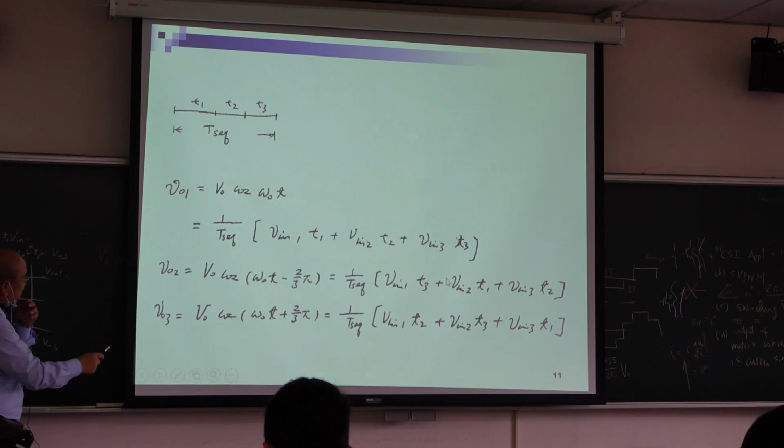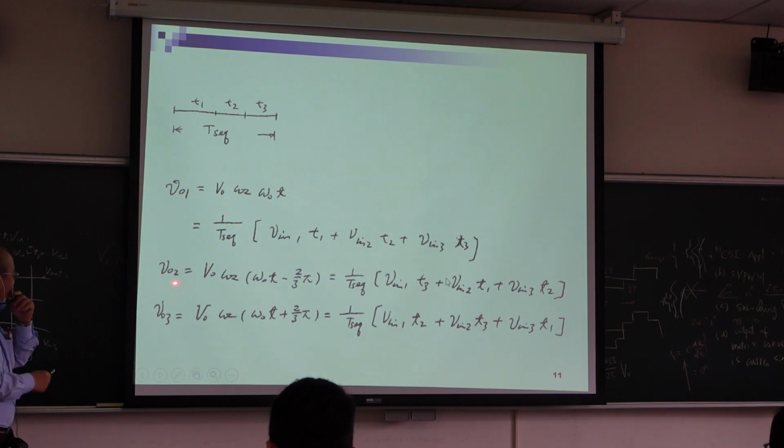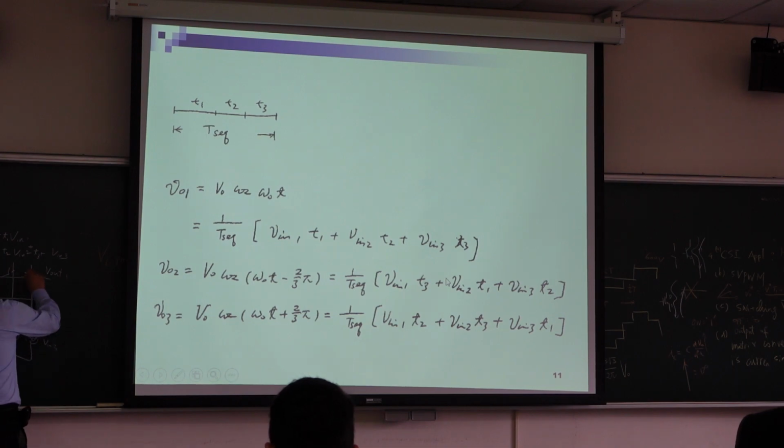And how about VO2? We have to shift. If we keep the same T1, T2, T3, can we keep the same?